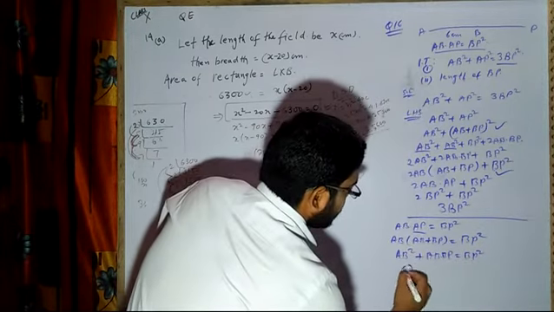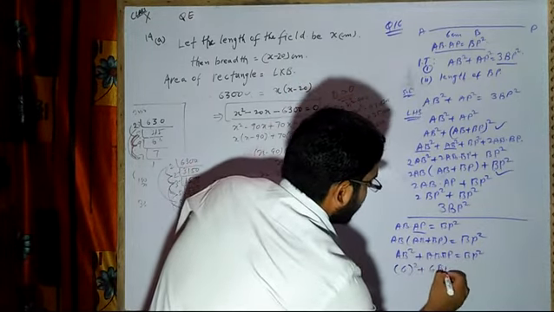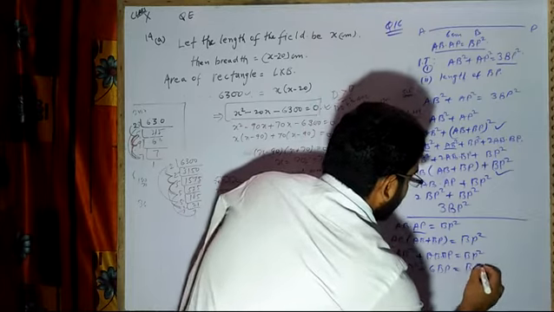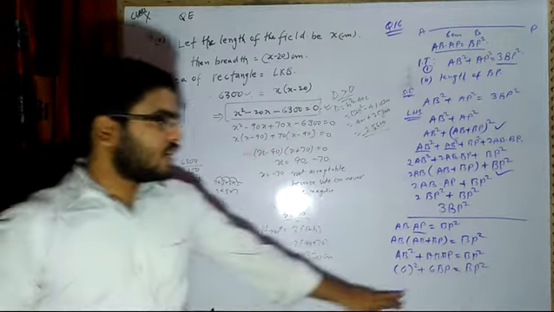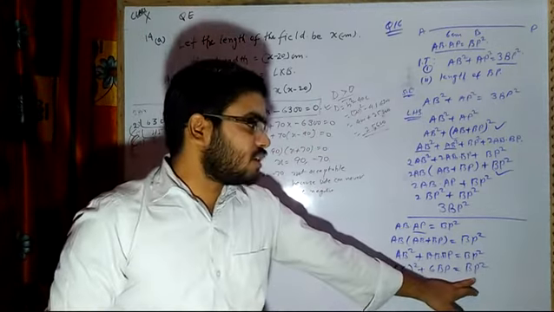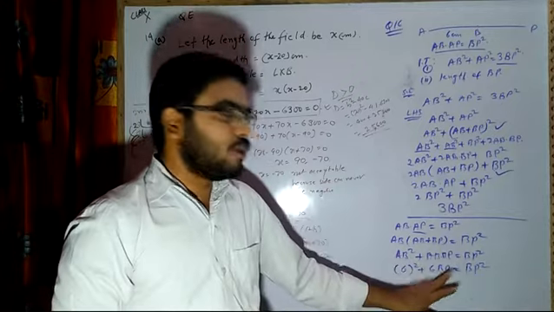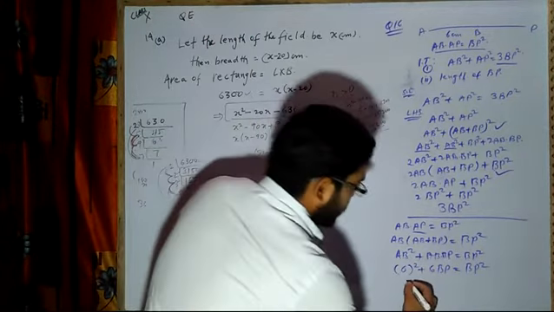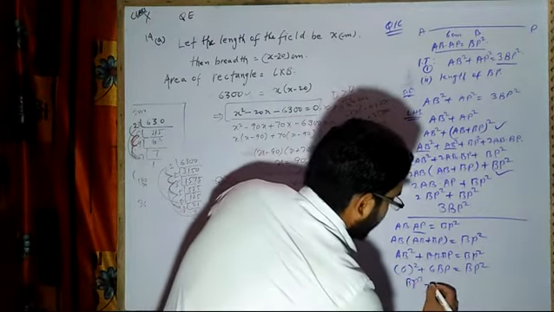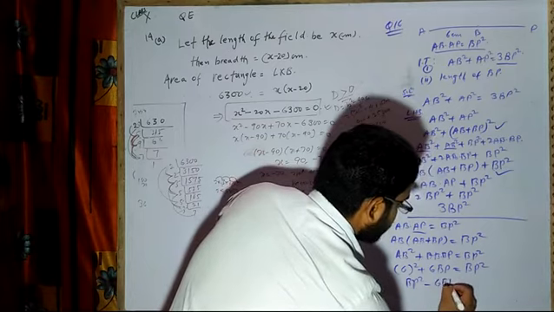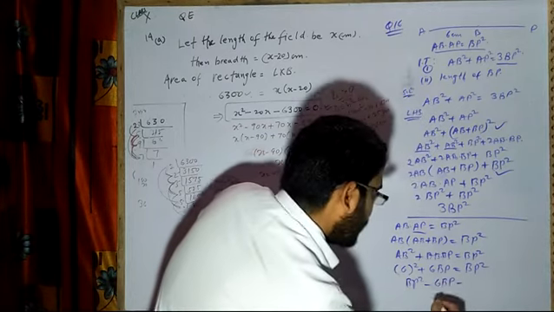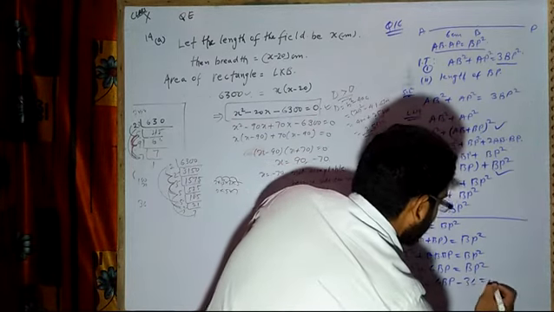AB is 6, so 6 square plus 6 BP is equal to BP square. Now we got the equation in a single variable. You can say BP square means x square, BP means x. So here you will get BP square minus 6 BP minus 36 is equal to 0.